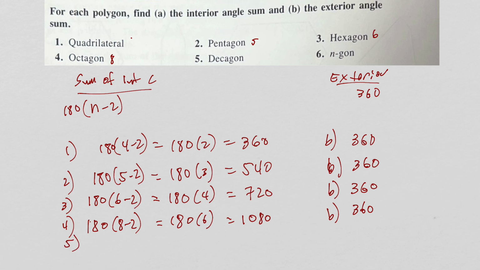Finally, number 5, a decagon has 10 sides. So this is 180 times (10 − 2), which is 180 times 8, which is 1440. But the exterior sum would add up to 360.